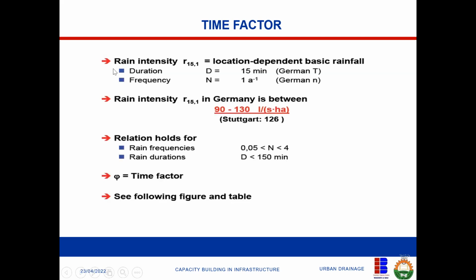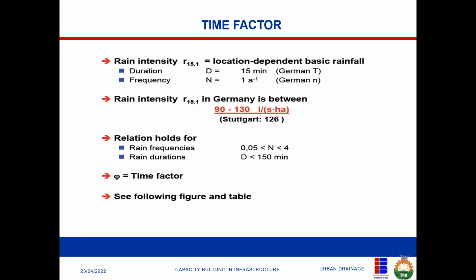So this is a case study. If I'm designing now, when I say R 15.1, this simply means the duration of the rain is 15 minutes and the frequency is 1. This frequency 1 means that, from my experience, this is an ordinary storm, a normal drain, because we expect that this rain will fall at least once in a year.